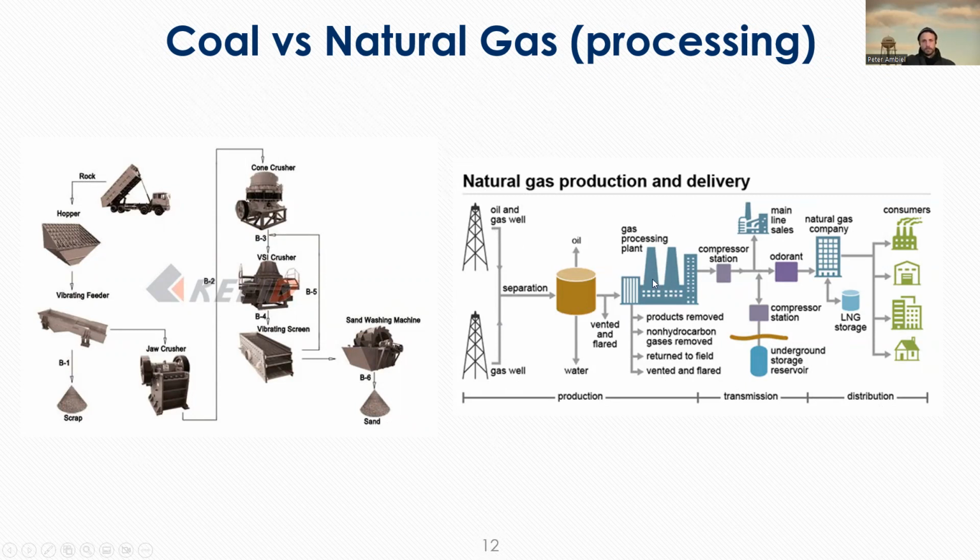You want to be able to refine that to remove any byproducts. It goes to a compressor station before ultimately getting delivered to your end consumers or power production units. And so natural gas processing and distribution is a little bit more tricky than coal typically.